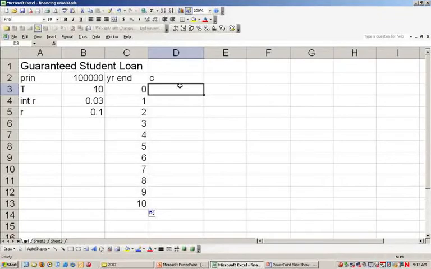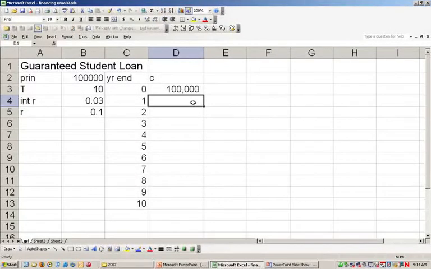In column D, we want to indicate the cash flows associated with this loan. In year 0, the student gets the principal of the loan, or the amount borrowed. In year 1, the student pays interest only on the outstanding principal.